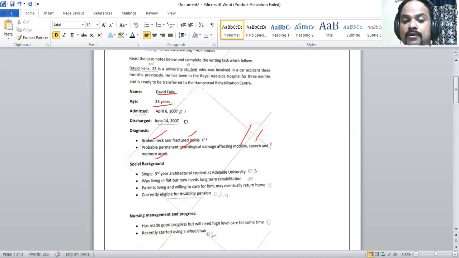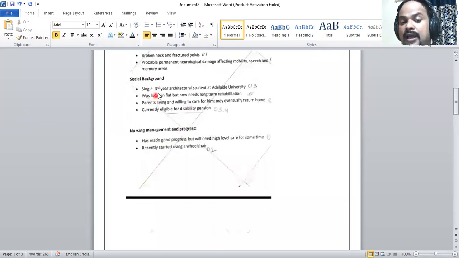So you have the condition of the patient, you have the name of the patient, and we have to say the social background of the patient. He is a student, a third-year architectural student at Adelaide University, pursuing his graduation studies in architecture.